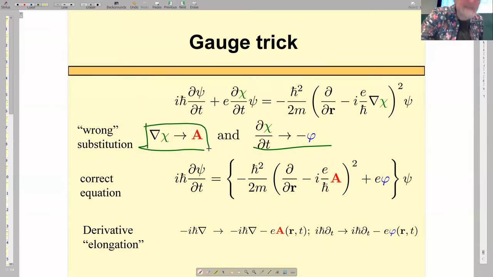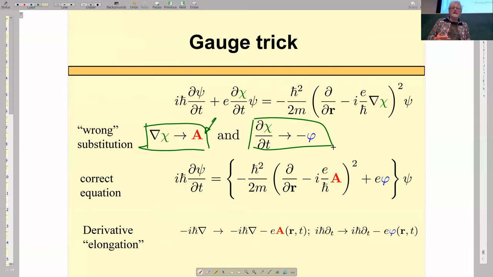We have replaced an insignificant change of gauge with what is changed, with a vector potential and scalar potential. But in this way, we make sure that the total equation is invariant under the simultaneous change of phase of the wave function and gauge change of the vector and scalar potentials.